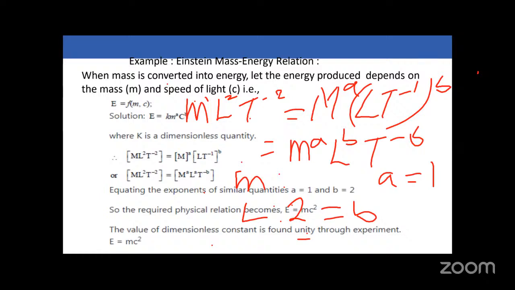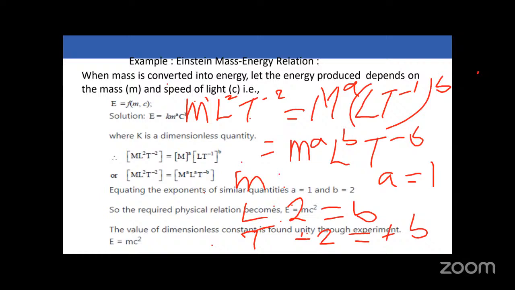For T, on the left side I have minus 2, and on the right side I have minus B. So the minus strikes out, and B remains 2.